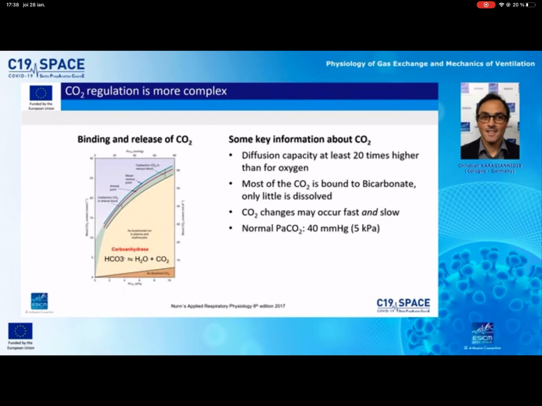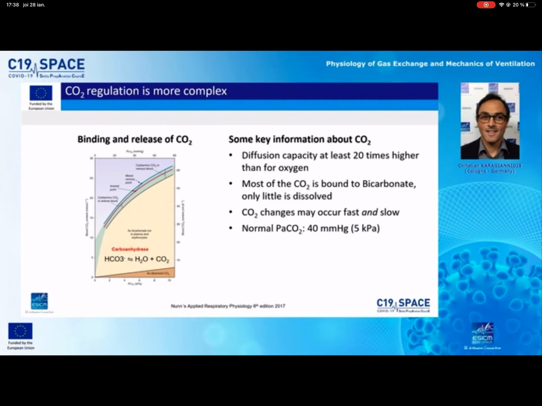In contrast to oxygen, the CO2 regulation in the body is much more complex. Some key information about CO2: the diffusion capacity is at least 10 to 20, maybe 30 times higher than for oxygen. And most of the CO2 is not dissolved in the blood, but is bound to bicarbonate.